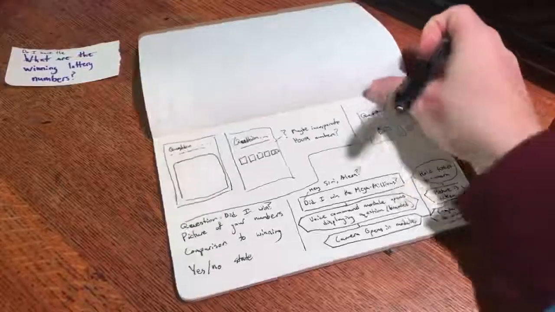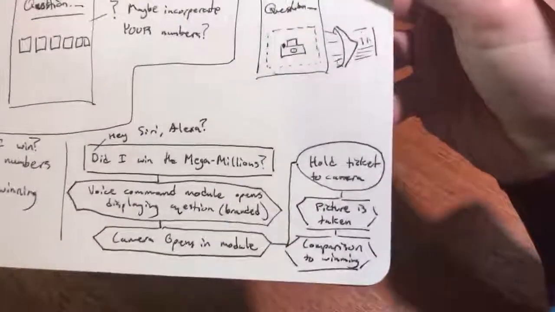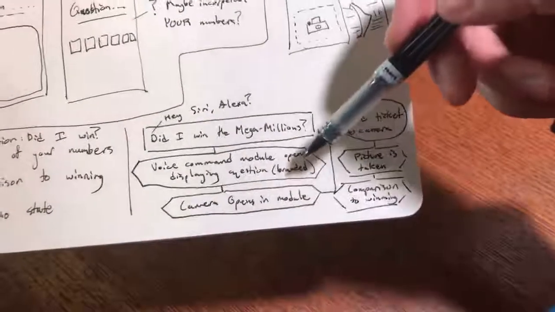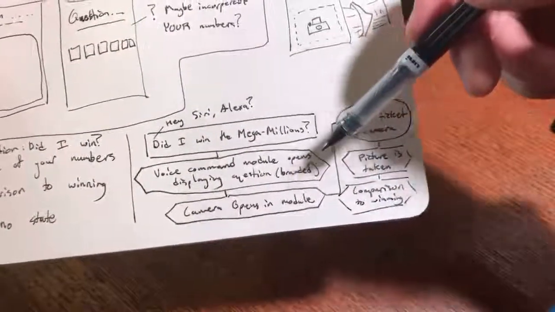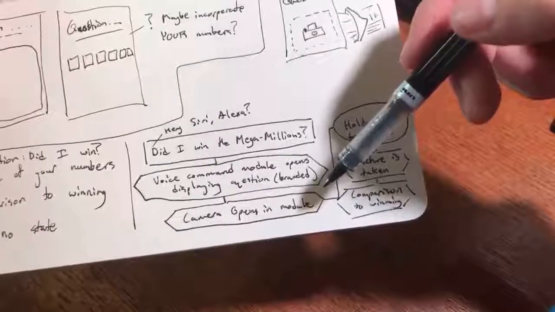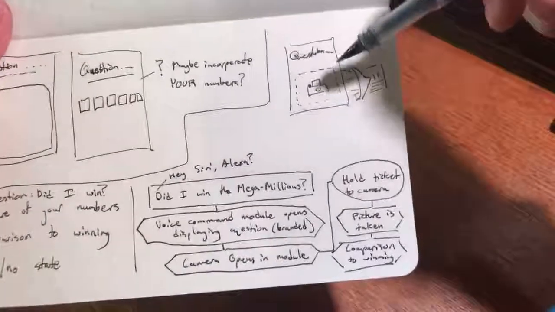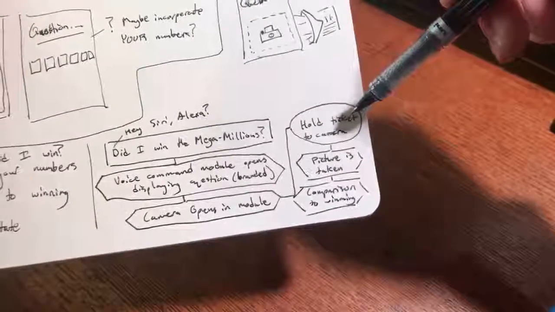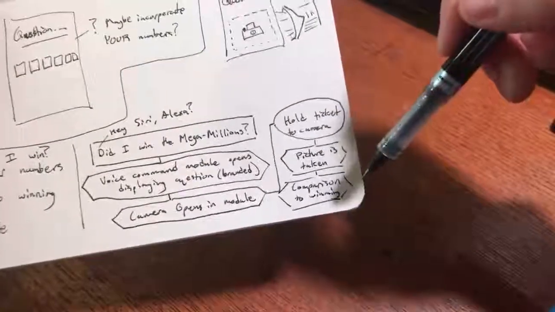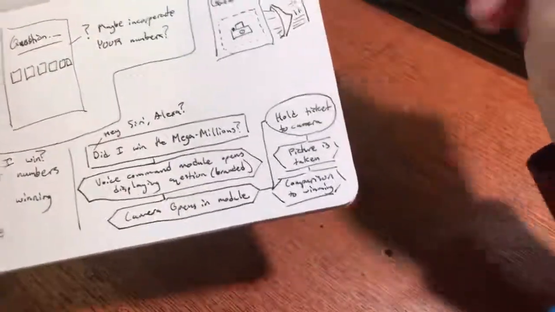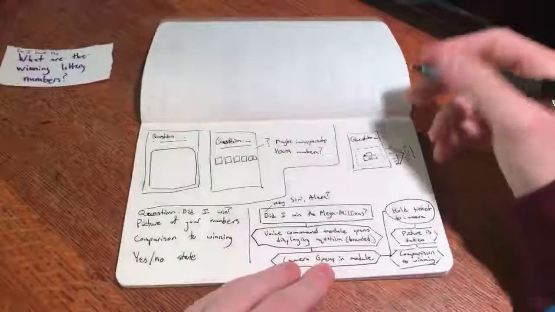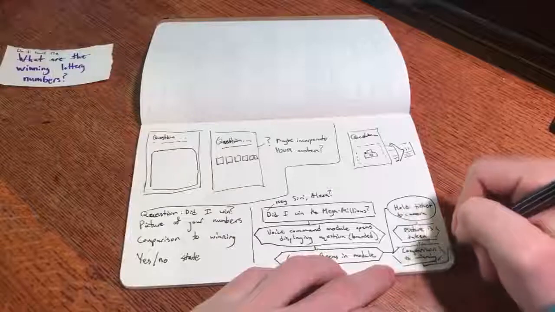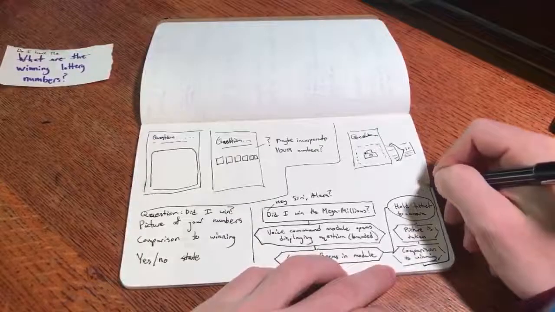Okay. Let's get a little closer. So, ask the question. Voice command module opens, displaying the question. Maybe it's branded. Camera opens in the module, like this little box up here maybe. You hold the ticket to the camera. Picture is taken. Comparison to the winning ticket is made. And then finally, the last one, we'll just bring it up here so we can stay on the same page.